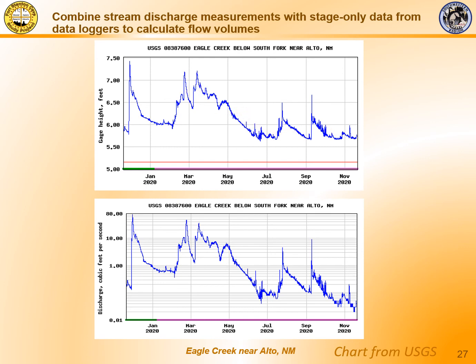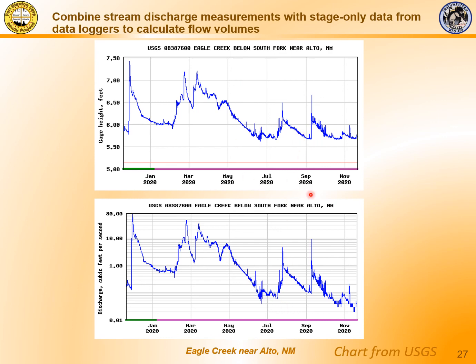Well, down here, we see a graph that the USGS has calculated, discharge in cubic feet per second from the gauge height data. And if you look at these two curves, they look remarkably similar. This one's plotted on a logarithmic scale. The discharge is on a logarithmic scale. The gauge height is on a linear scale.